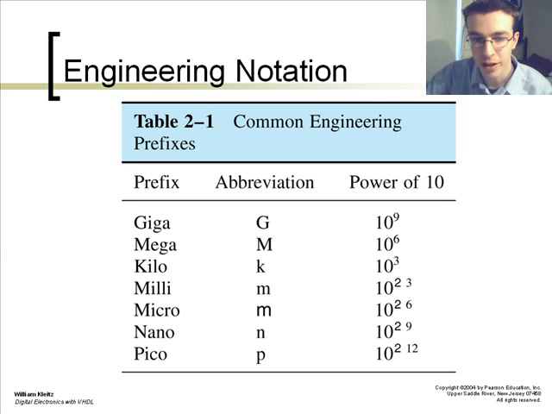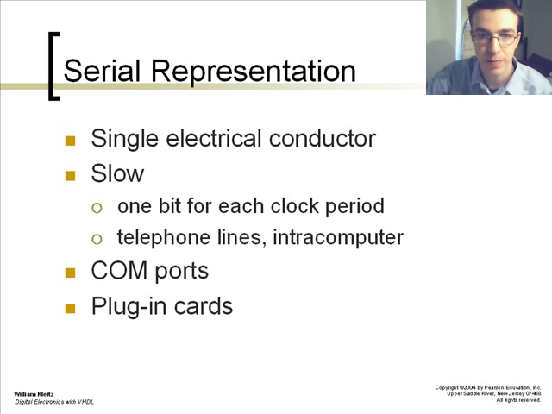Milli, micro, nano, and pico are all negative powers of 10: 3, 6, 9, and 12, and kilo, mega, and giga are the positive powers 3, 6, and 9 as shown. The ones that you'll be most concerned about will be kilo, milli, and micro, as they are most commonly used with resistance, voltage, and current.